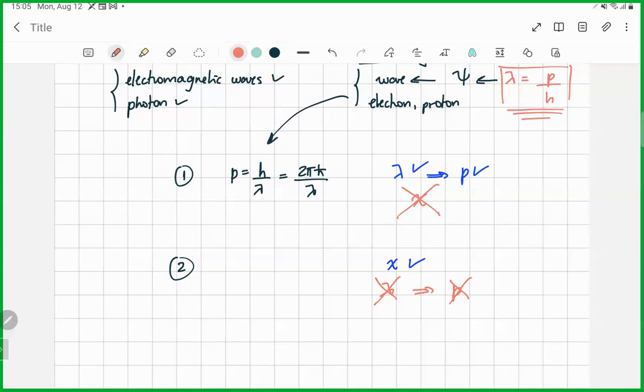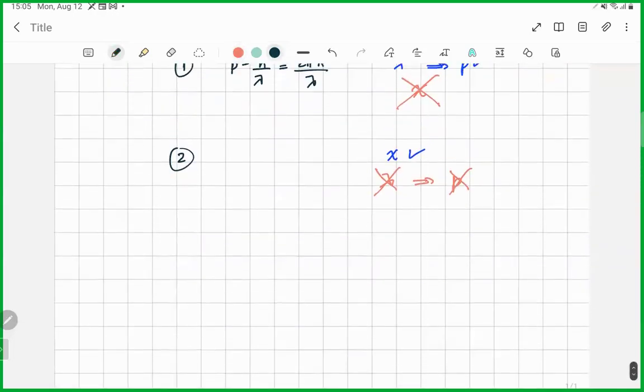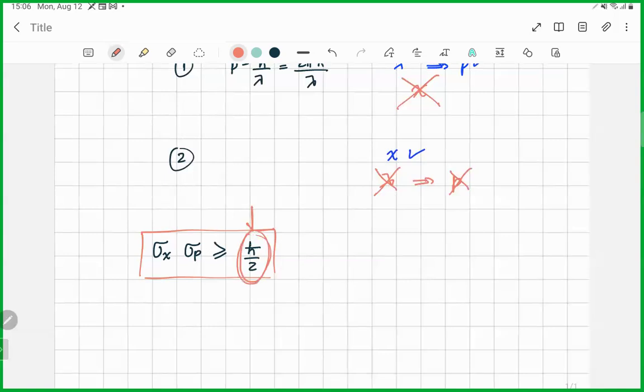So this information is contained in the uncertainty principle, which is given by this equation. We'll learn how to derive this equation later in this course. But what this is saying is that the standard deviation in position multiplied by the standard deviation in momentum, so the uncertainty in position and the uncertainty in momentum, have to be larger than this finite value. It can never be smaller.